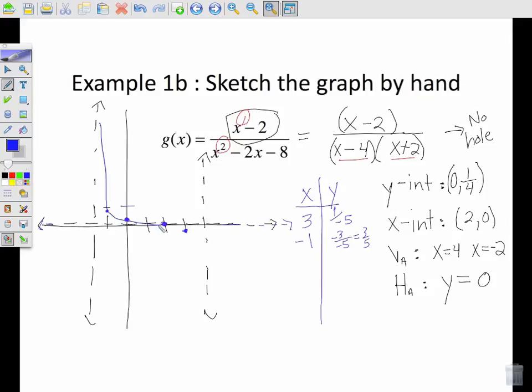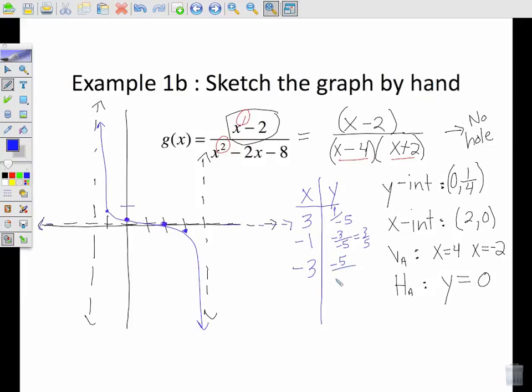I'm looking at a graph in the middle section that slowly comes towards the origin, flattens out, and then goes back towards the asymptote. What I need to do is figure out what happens on the left side of negative 2 and the right side of 4 in this area. So let's go ahead and put a point in. Let's try negative 3.